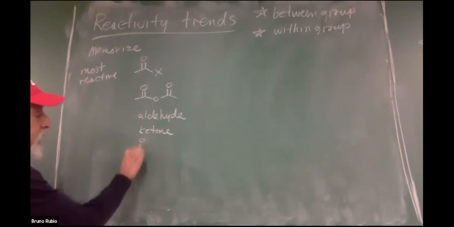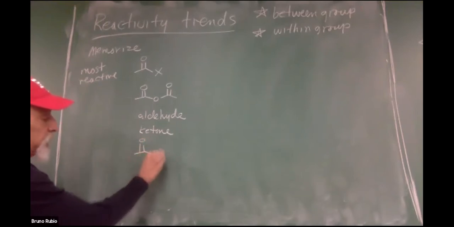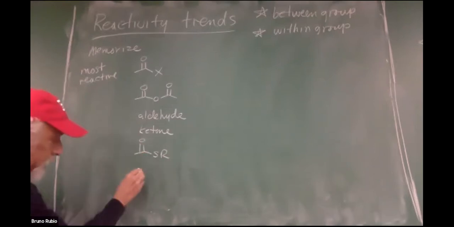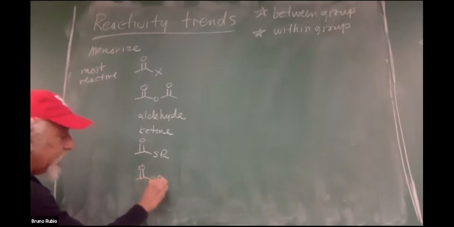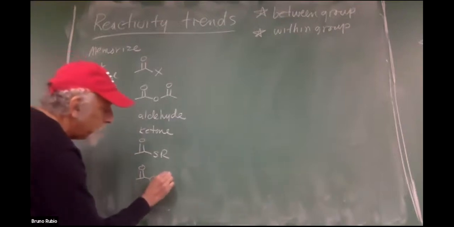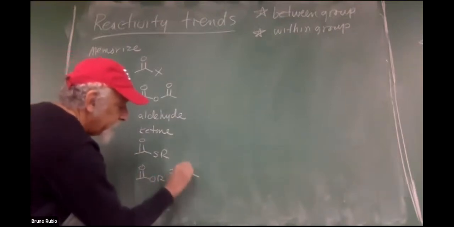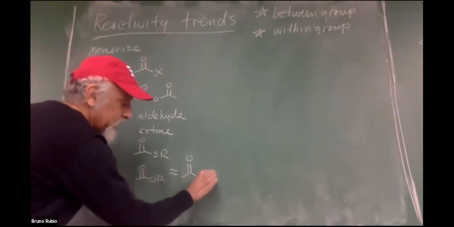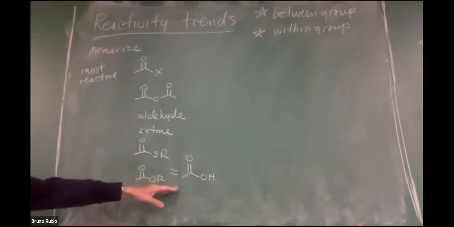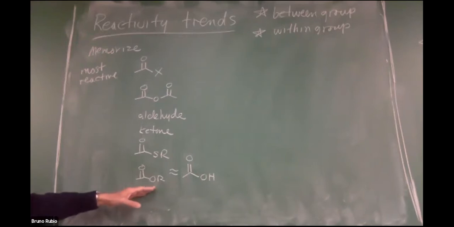Then below the ketones, you have the thioesters. Below the thioesters, you have the regular esters, and the regular esters are about as reactive as the carboxylic acids. Although they're not exactly the same in reactivity, they're usually very, very close.